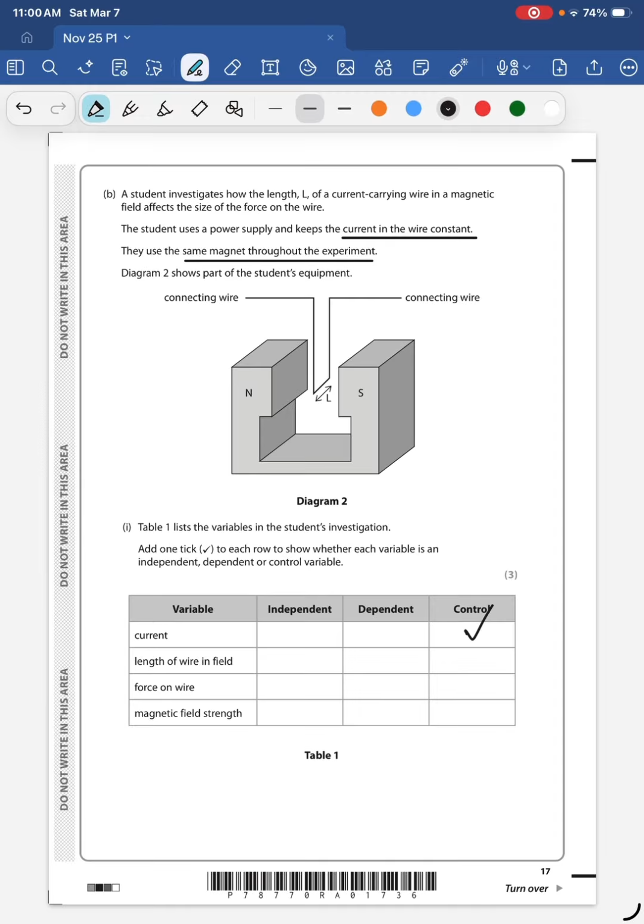Independent variables are those that change by themselves. The force on the wire is the dependent variable because this is what we are studying. We are studying how the force changes due to changes in the independent variable. And then the magnetic field strength is kept constant, so that's a control variable.